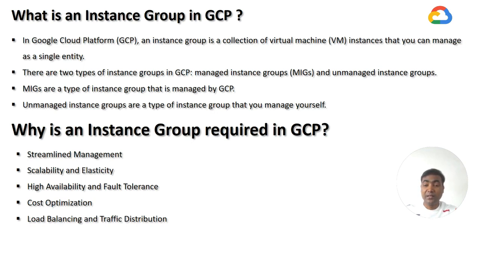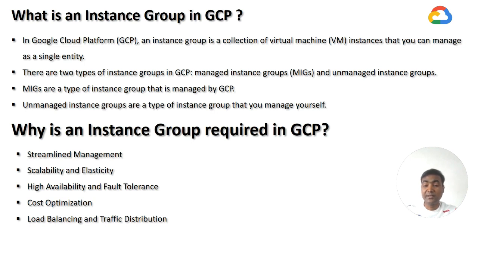Instance groups simplify the management of a large number of VM instances. By grouping VMs together, you can easily perform actions like starting, stopping, updating, configuring multiple VMs at once. This centralized approach streamlines management and reduces the overhead associated with maintaining a vast network of VMs.